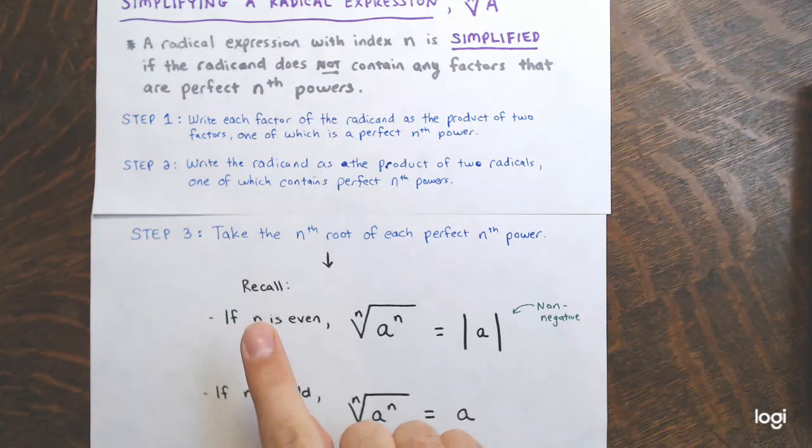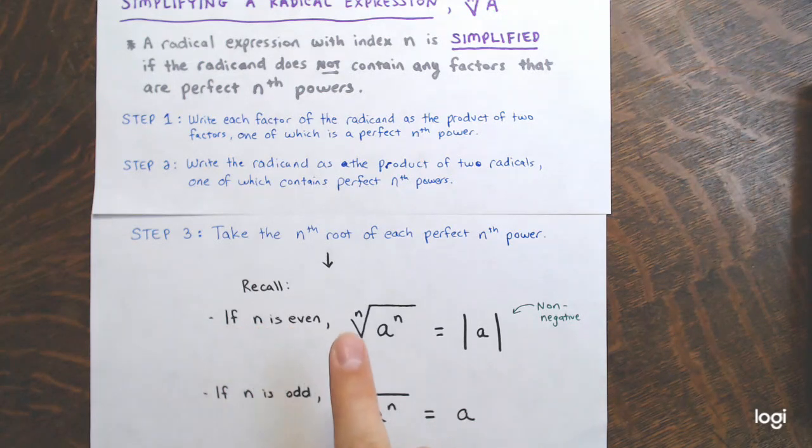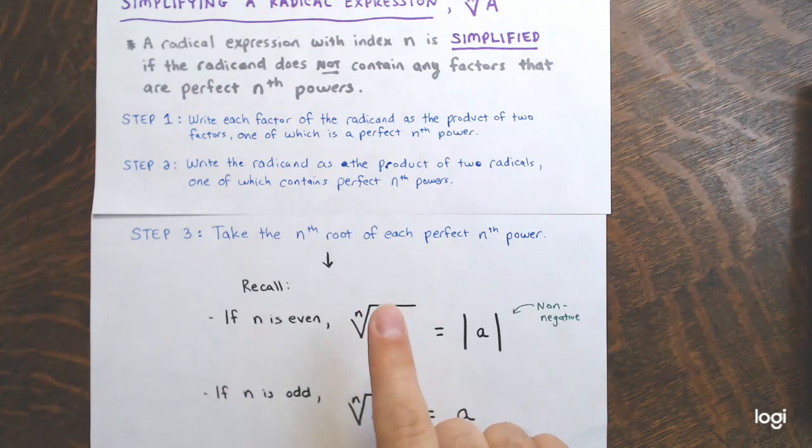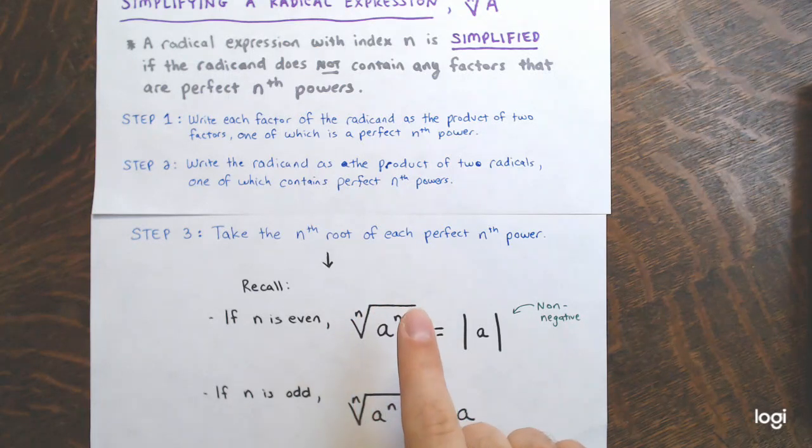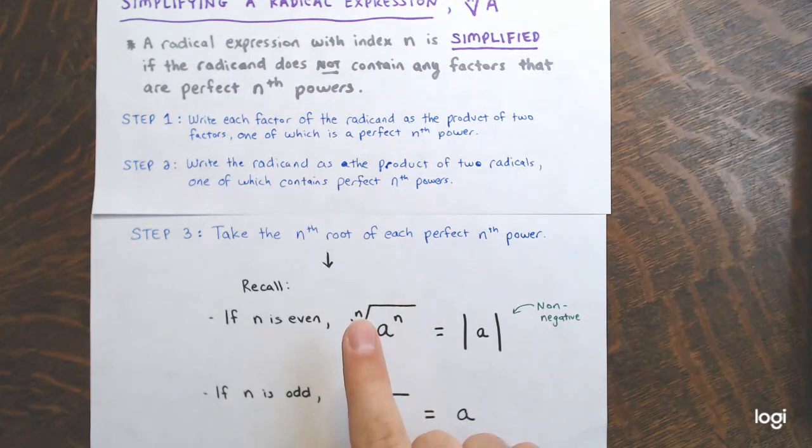Recall that if you're taking an even root, when you see the radical symbol with an even number as the index, that symbol is telling you to give back the non-negative root.